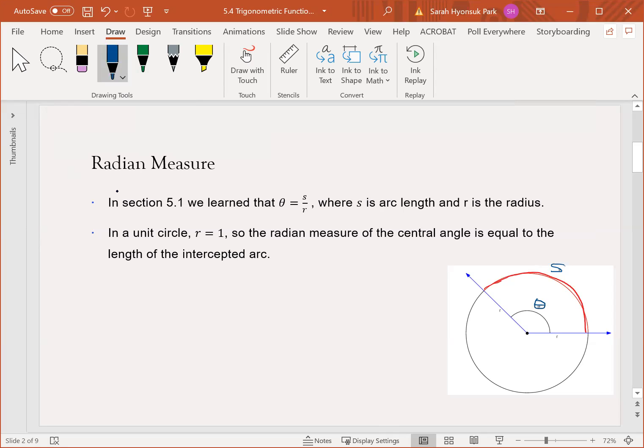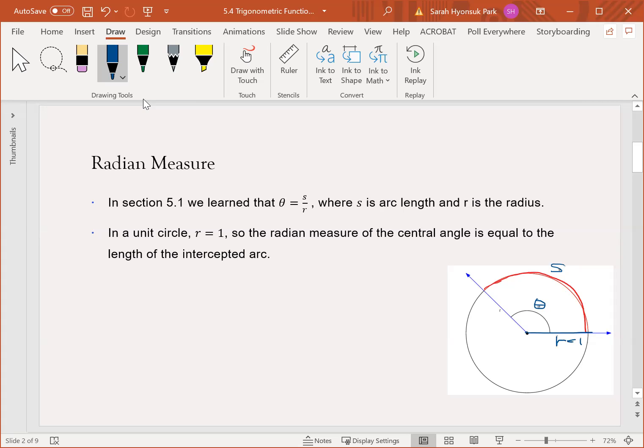And if we took S and divided by R, which is the radius, that will give you the measure of radians. In a unit circle, which we're going to focus on today, R is 1.